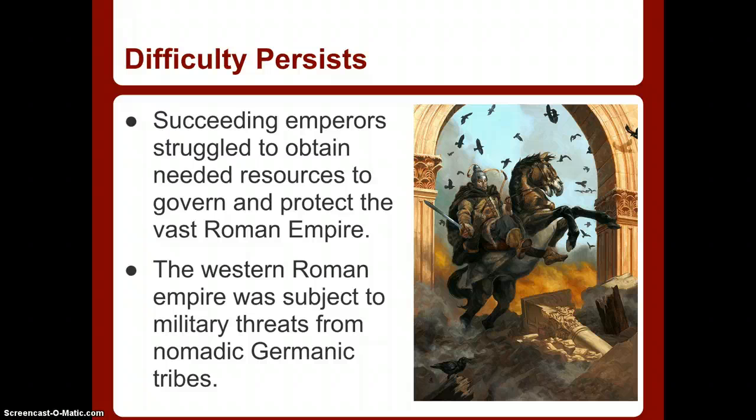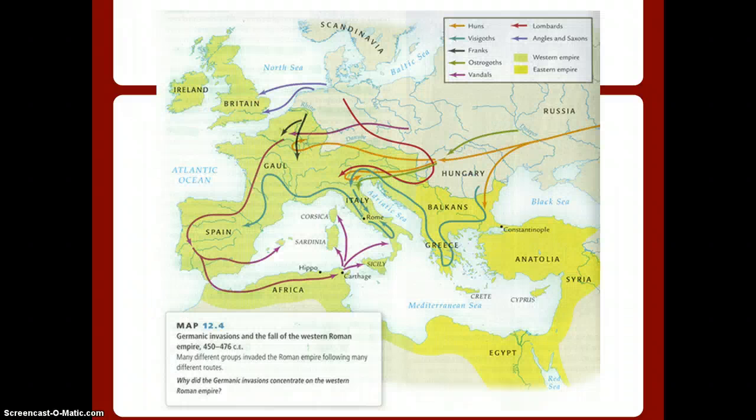And so the Roman Empire was subject to a lot more intense threats from outside invaders, from Germanic tribes and such. If you take a look at this map, this characterizes some of the paths that these Germanic tribes and peoples took.